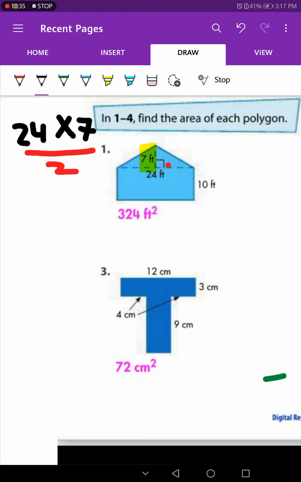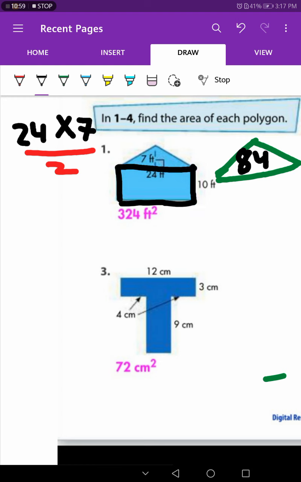Okay, you find the area for the triangle only. So I decompose it here and write the answer equal 84. 84 what? Feet square. Now I'm done with the triangle. I'm going now to the rectangle. What are the two dimensions for this rectangle?